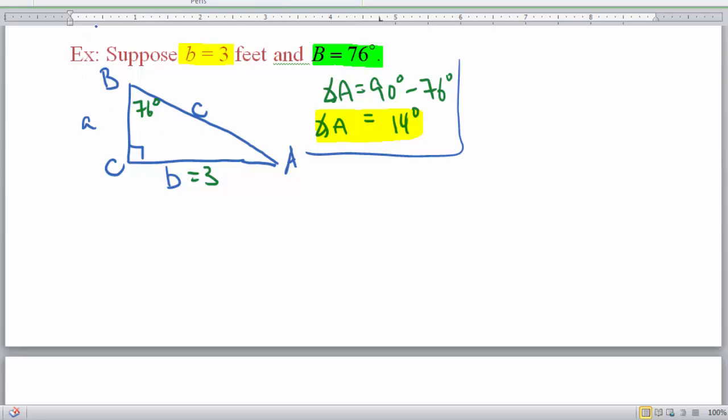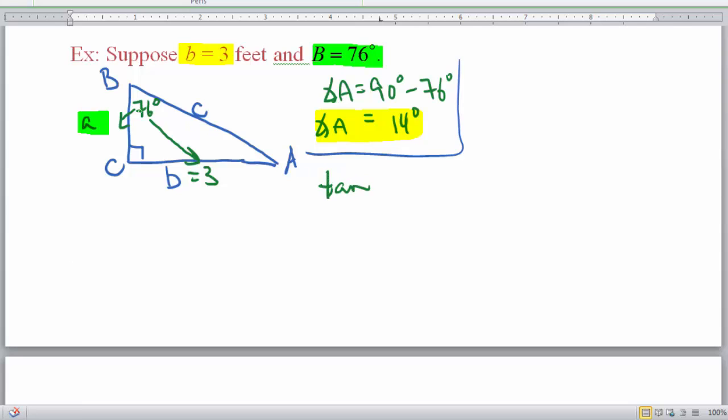Now let's say I want to find leg A. Leg A is adjacent to the 76 degrees, and I know the opposite leg, which is 3. So I'm working with the opposite and the adjacent, so again I'm going to use the tangent.